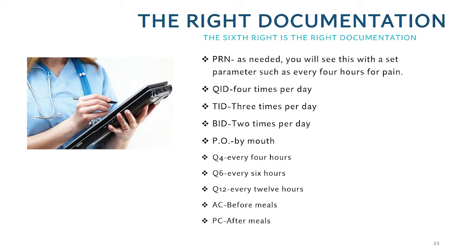It's an inhaled medication every 4 hours. Q6 every 6 hours. Q12 every 12 hours. Another popular abbreviation that we might see is before meals, which is AC, or after meals, which is PC.